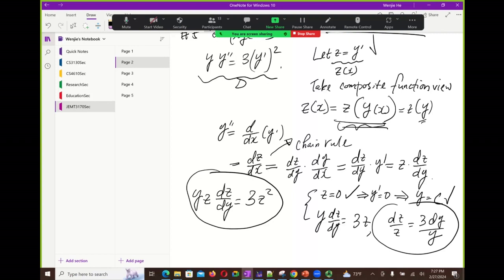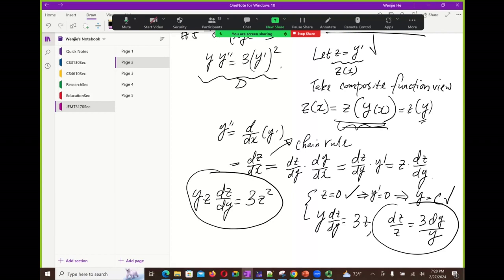Oh, z equals 0? Well, this is a special solution. Because here, when we cancel this z out, before we cancel it, we need to consider the z equals 0 case, if this could be a solution. So here we consider this case.